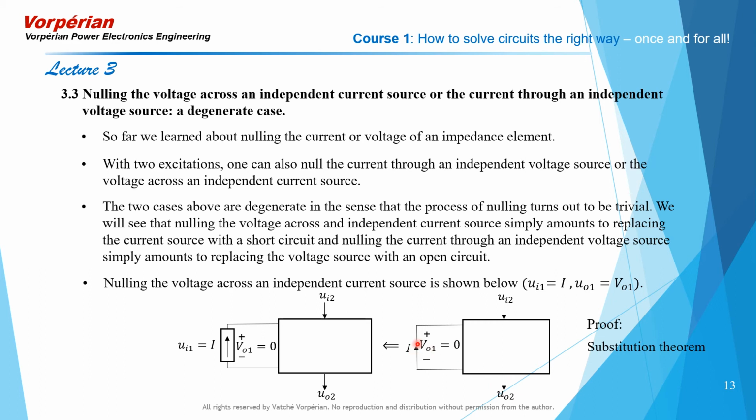So whatever current you calculate in this branch, you can take this branch and replace it with a current source equal to the current that you get here, and nothing changes. That's the substitution theorem. It's straightforward.